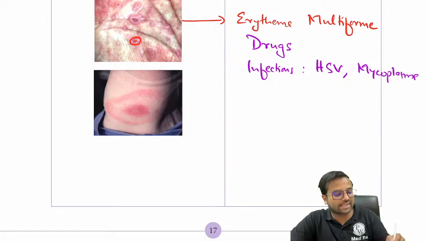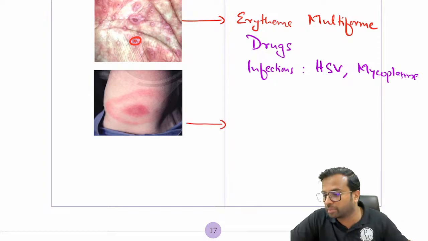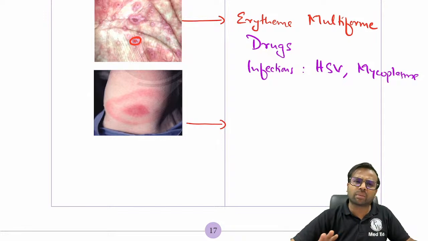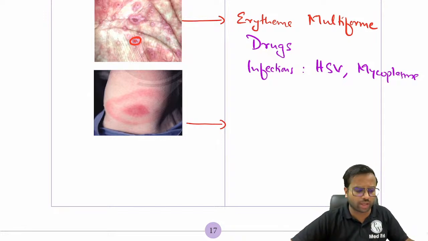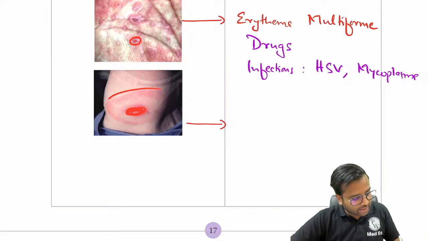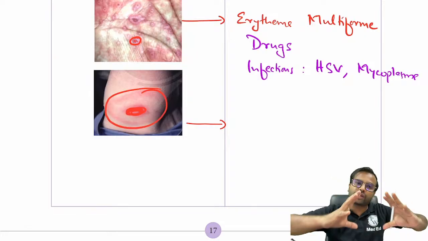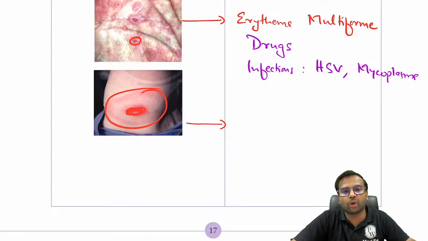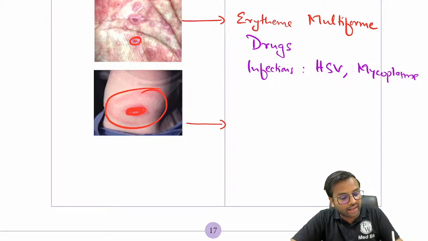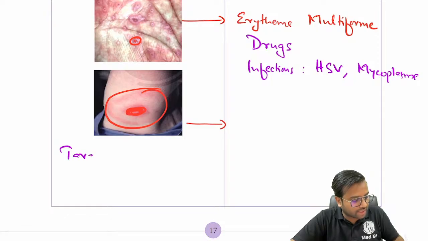Now, let's see the second one. In this second erythema, what do you see? Again, I can see something very similar to erythema multiforme, because in the center there is something red and there is another rim of erythema. The only difference is the size is very big now. What is this? Which erythema is this? Yeah, it looks like a target, Zoya. So this is a target-like lesion.